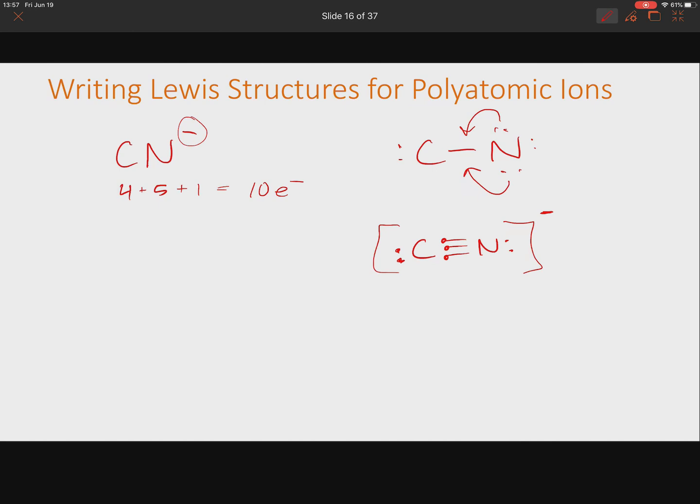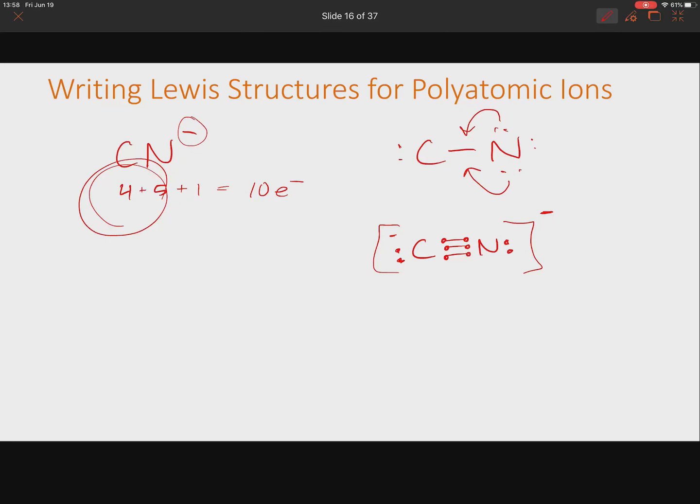And carbon wants to have 4, right? We said that. Right now it has 5. That's an extra electron. So the carbon here would be the negative one. The nitrogen wants to have 5, and it does have 5. 1, 2, 3, 4, 5. And so the nitrogen's happy, just like that, with 3 bonds and 2 lone pair electrons.